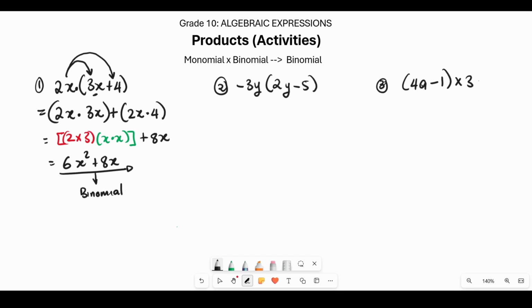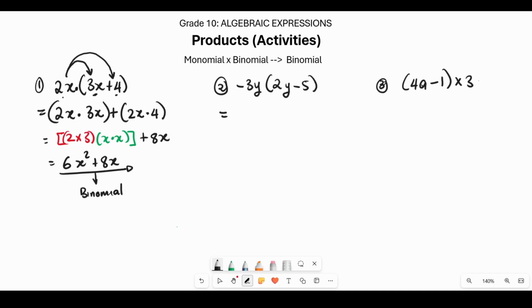We have two terms within the bracket, which is a binomial, and one term on the outside, which is a monomial. So what happens is the distribution property, whereby what is outside will multiply every term inside the bracket. Remember, this shows that the coefficients multiply separately while the variables multiply themselves together. So that is the idea.